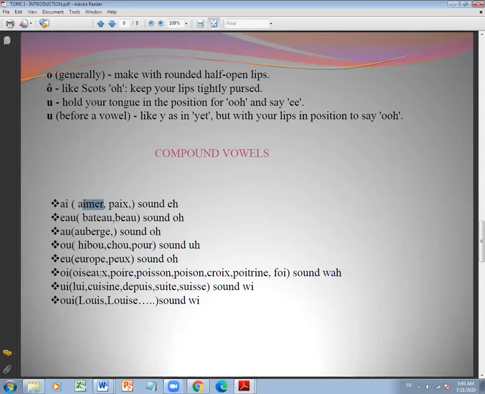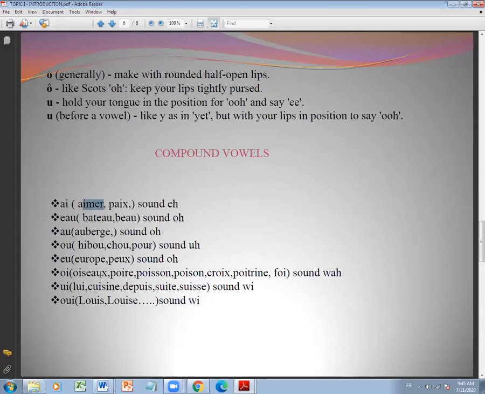Email. Eme. R is silent. Remember? R is silent. So we say eme. Eme.